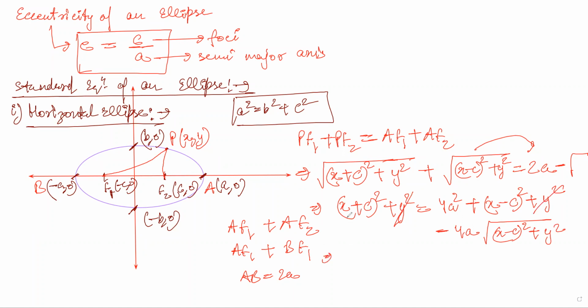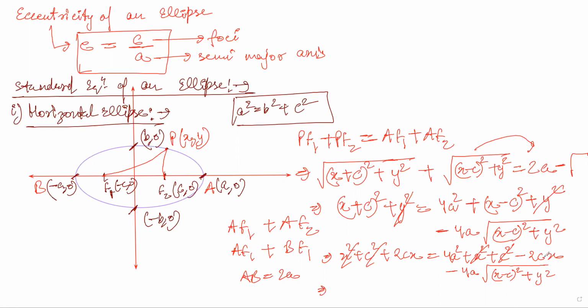Now (x plus c) square is x square plus c square plus 2cx. And this is 4a square plus x square plus c square minus 2cx minus 4a root of (x minus c) square plus y square. So this also gets cancelled out. So take all of this now towards left hand side.